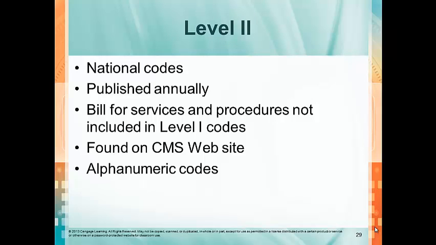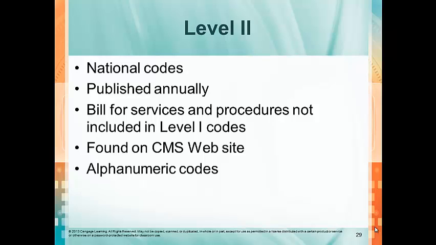Level 2, or HCPCS Level 2 codes, are commonly referred to as national codes. These codes are published annually by the Medicare program and are used to bill for services and procedures that are not included in the Level 1 codes. These codes can be obtained on the Centers for Medicare and Medicaid Services, or CMS, website and from publishers that release the annual edition of the codes.